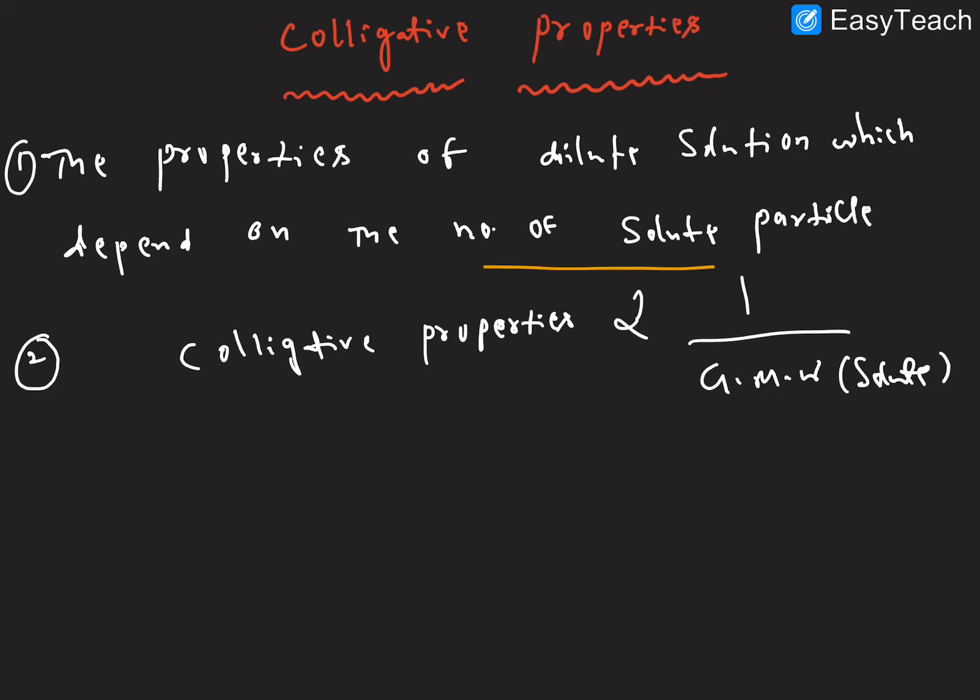Let me explain what the colligative properties are. We have four. The first one is relative lowering of vapor pressure, also called RLVP.